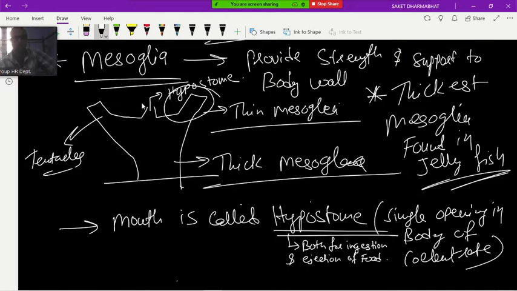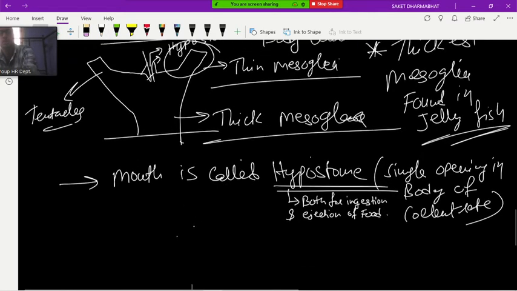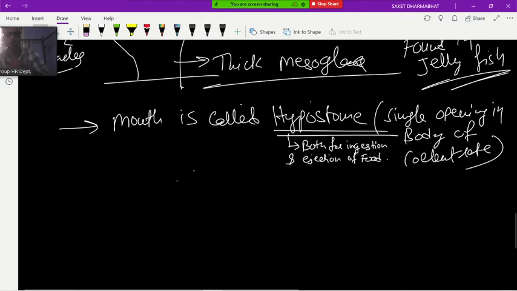So from the hypostome, ingestion of food as well as egestion of food both take place. Clear? So only a single mouth is there, which acts as both mouth as well as anus. That is called the hypostome. Okay, one more thing.